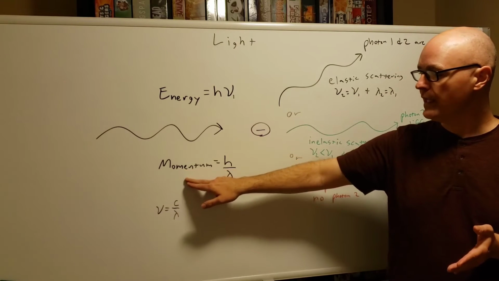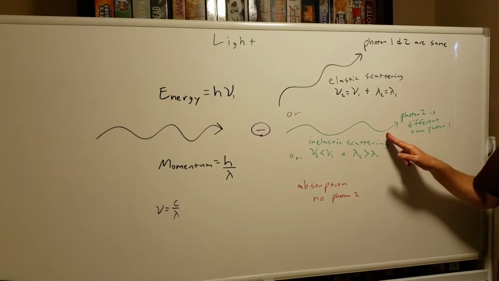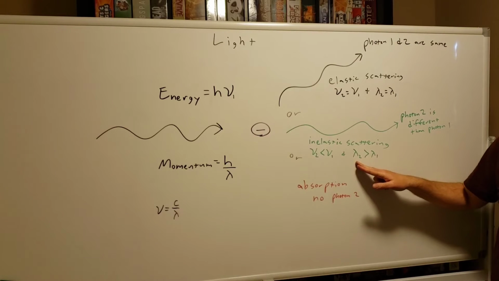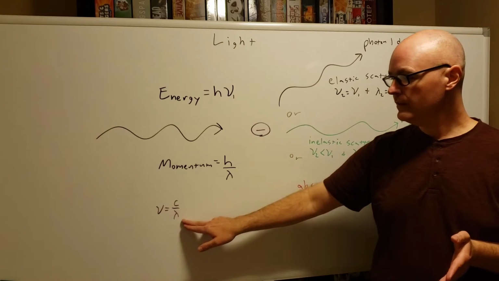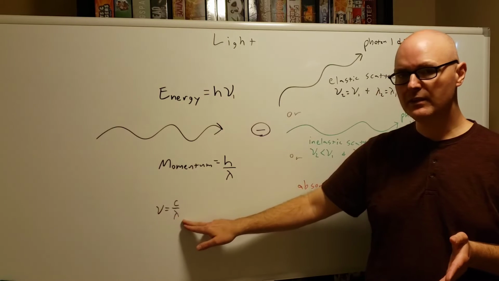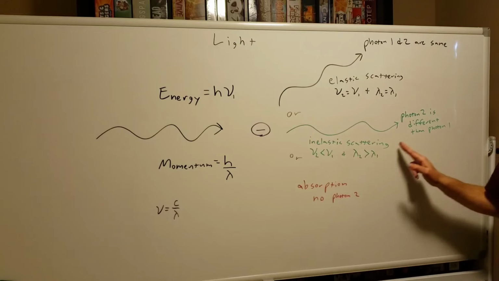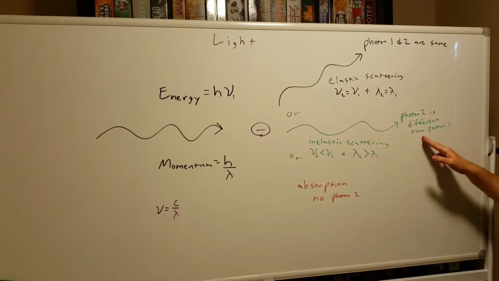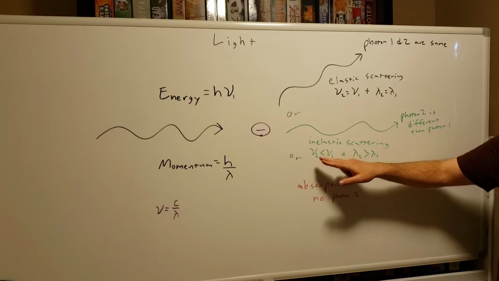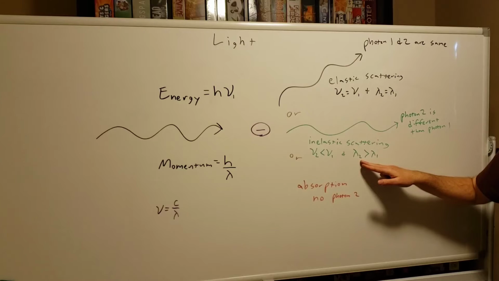So if the momentum goes down, then the wavelength goes up. So my new photon, photon 2, is going to have a longer wavelength than photon 1. This is still true, right? The frequency is still inversely proportional to the wavelength. My new photon, photon 2, from my inelastic scattering, is going to have a lower frequency and a longer wavelength.